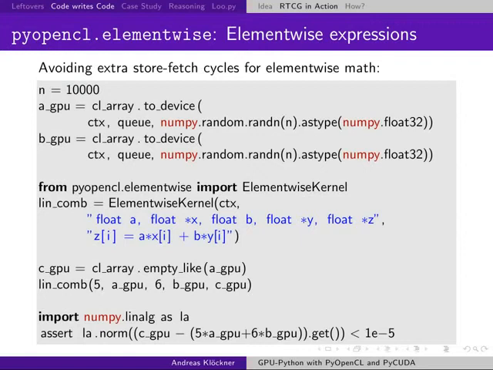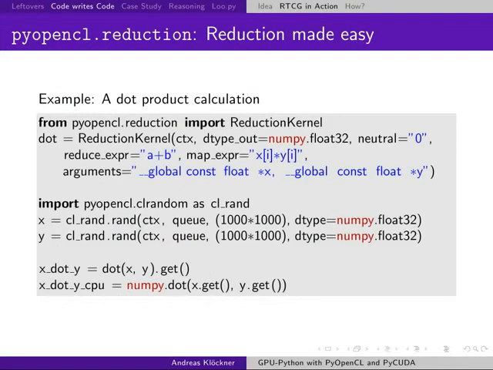So embarrassingly parallel, data parallel things are one common pattern. Another common pattern is reductive operations, say norms or scalar product. Basically summing things across a whole array. How does that work? Well, there's a similar facility there that's not just ElementwiseKernel, there's also ReductionKernel. There you specify the context and what comes out as the result of your computation.